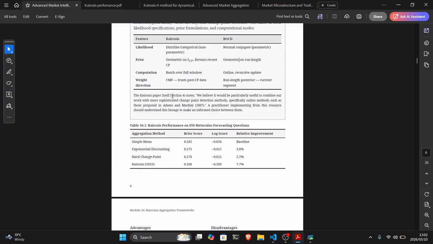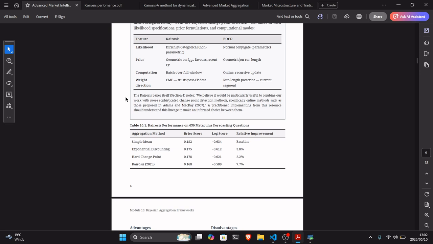The kairosis paper itself, section 4, notes, we believe it will be particularly useful to combine our work with more sophisticated change point detection methods, specifically online methods such as those proposed in Adams and MacKay 2007. A practitioner implementing from this resource should understand this lineage to make an informed choice between them.